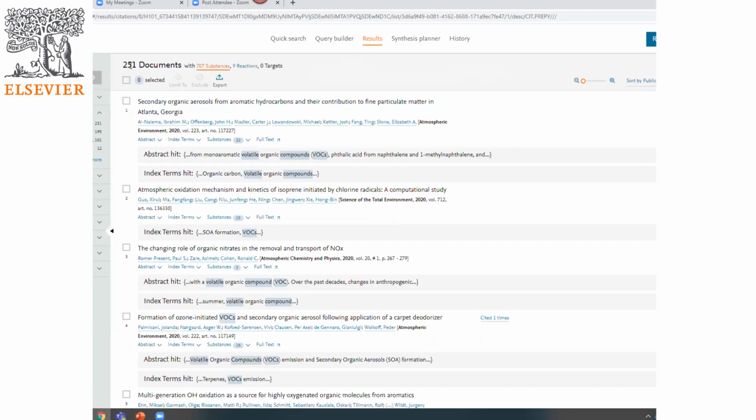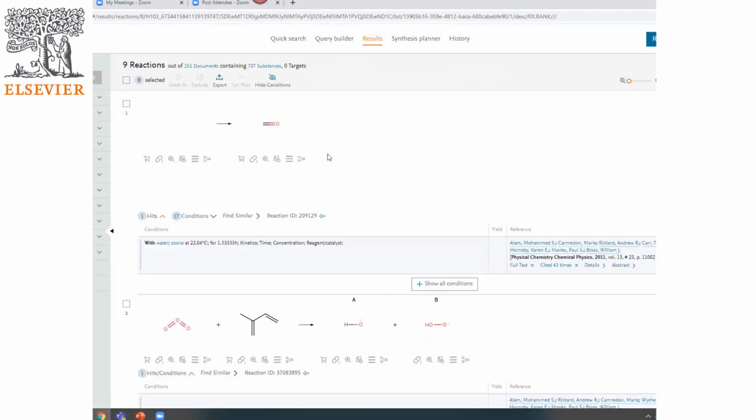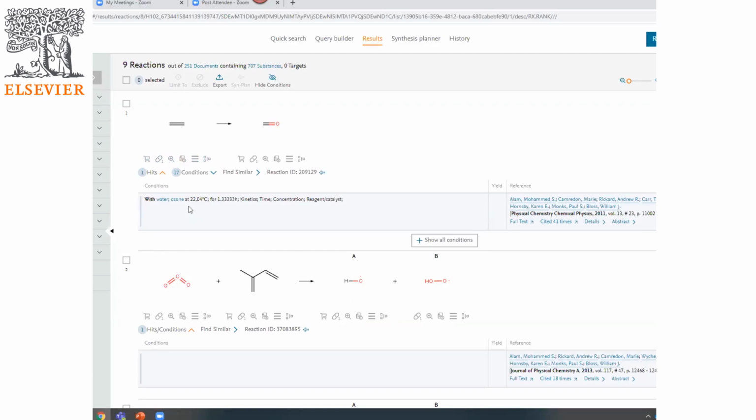Right now, we have only 251 documents, and by clicking reaction, we can go to some particular reaction which was explained and connected to volatile organic compounds. It's very logical that this reaction has ozone as one of the reagents. So for example, here you can see ozone in the conditions, and it's a very friendly reaction. You see it's done at room temperature.